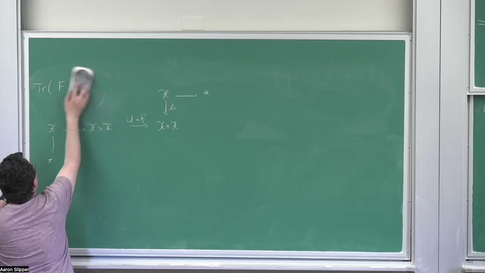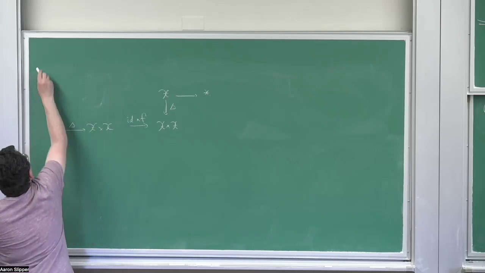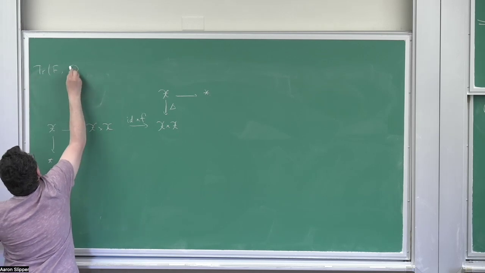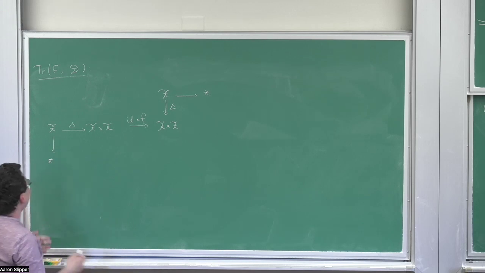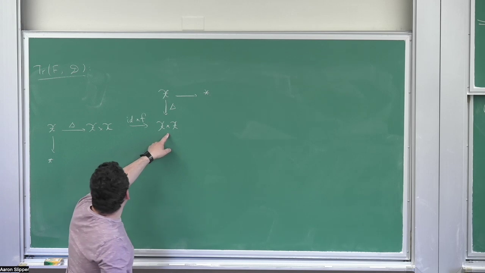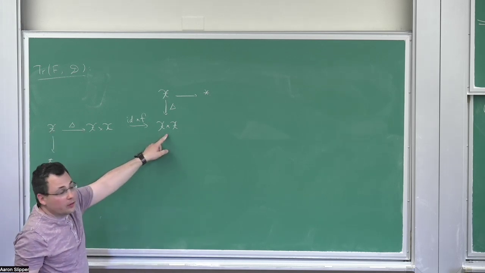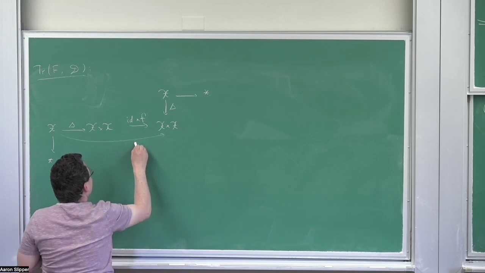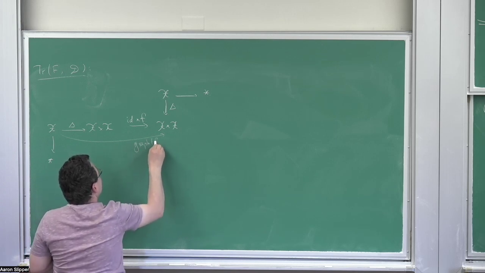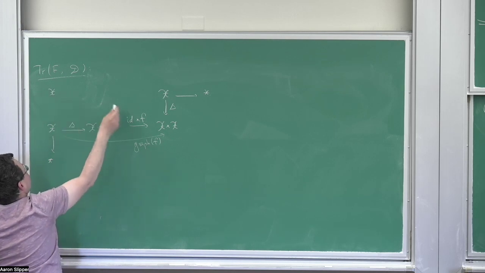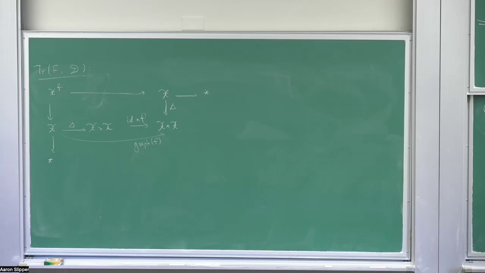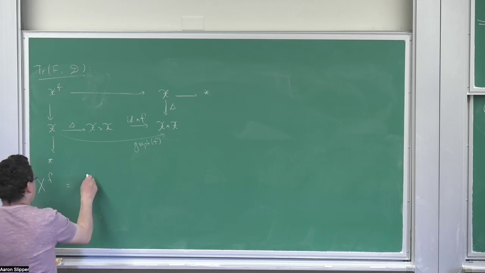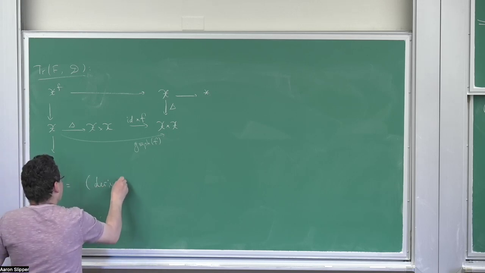And so, we can apply base change. This is the graph of F. This fiber product is, maybe by definition, the derived fixed points.